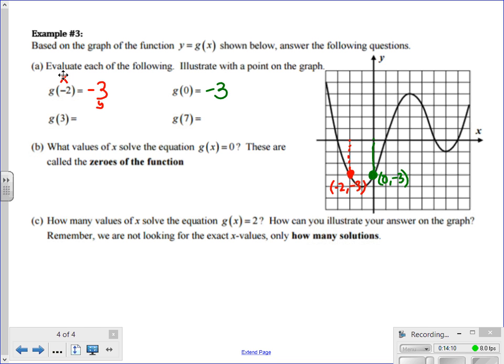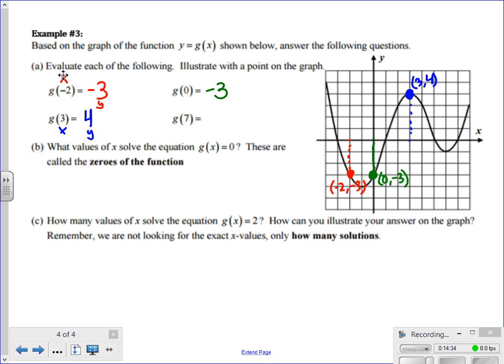Now let's find g of 3. 3 is an x value, so I go to where x is 3 on the graph, and I trace up to the point. I know that 3 is the x, and I count up 1, 2, 3, 4 to get the output. So g of 3 gives me an output, or a y value, of 4.